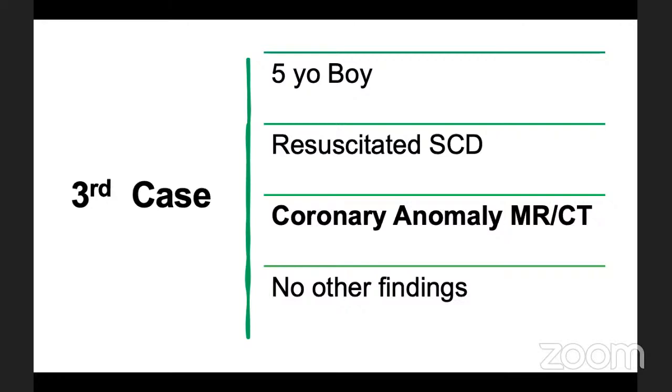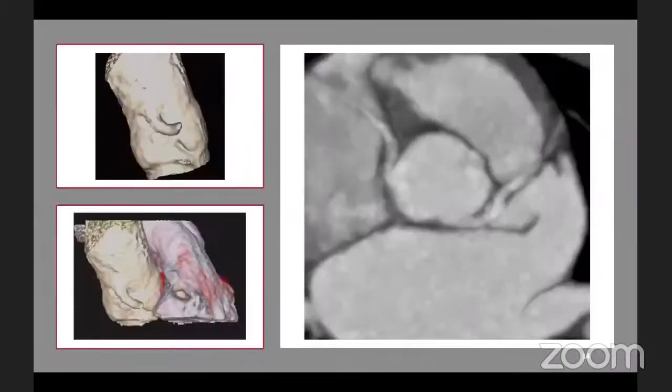There were no other arrhythmias, no other findings from an arrhythmic point of view on MR. The only thing we spotted was a very rare coronary anomaly: anomalous origin of the right coronary artery from the non-coronary sinus. Here we have the left coronary artery, the left coronary sinus, the right coronary sinus anteriorly, and this is the RCA originating from the non-coronary sinus.